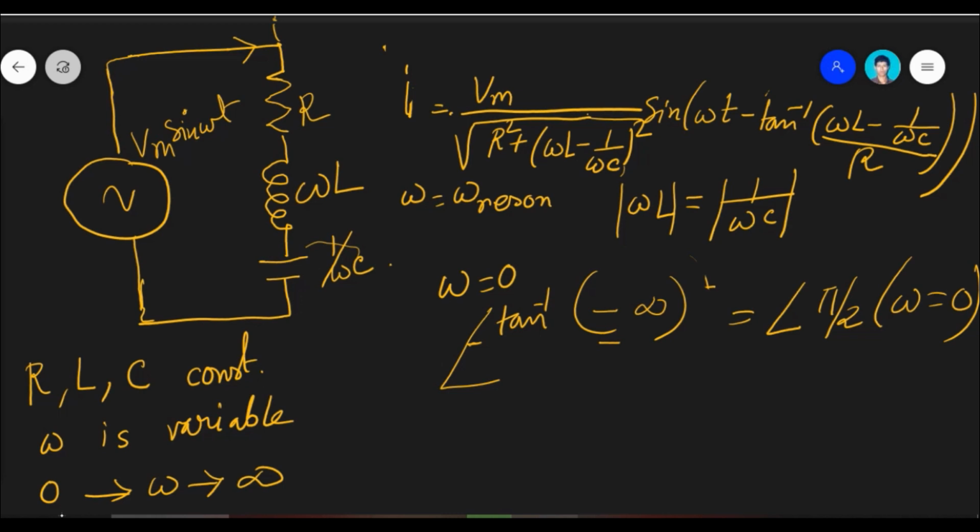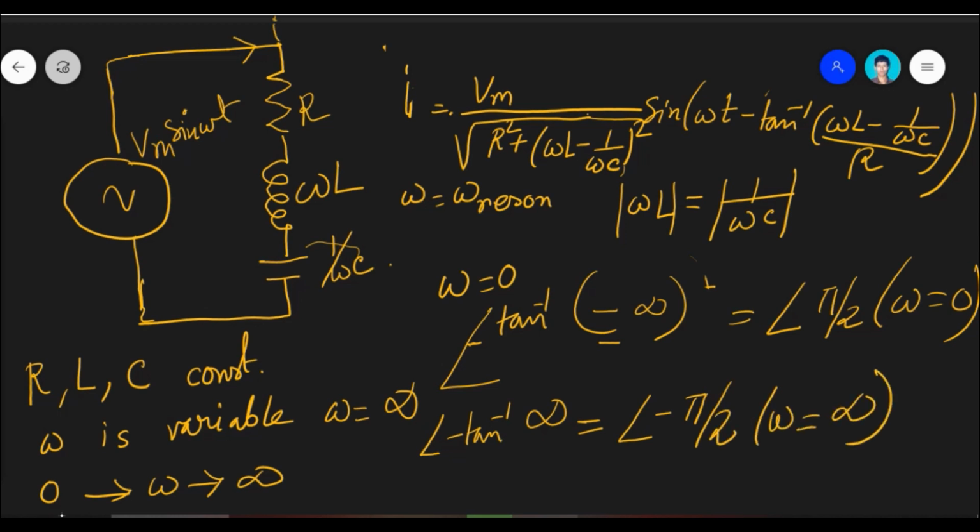Now what will happen when omega is equal to infinity? From the same equation, it will be minus tan inverse infinity, and the whole system will offer a phase shift of minus pi by 2 at omega equal to infinity.